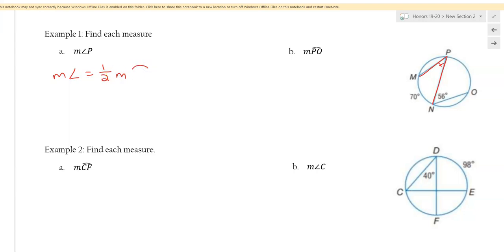We don't have to really put in the names of them, but just making sure you know the angle goes over here and the arc goes over on the right. So our angle is X, and our arc is 70. Then I'm just multiplying those, and we get 35 degrees. Okay.